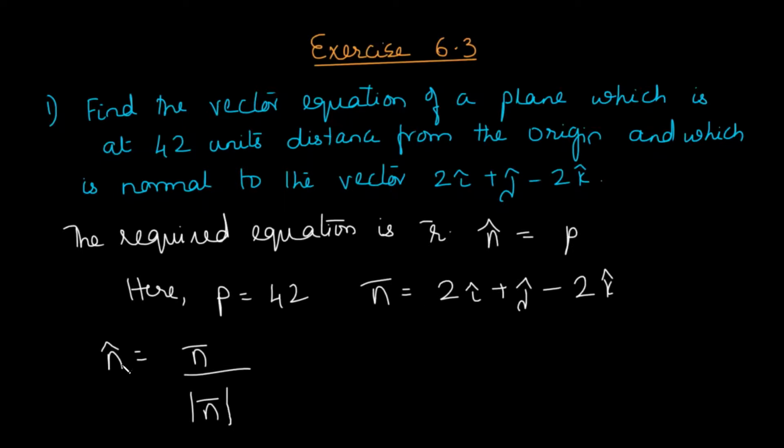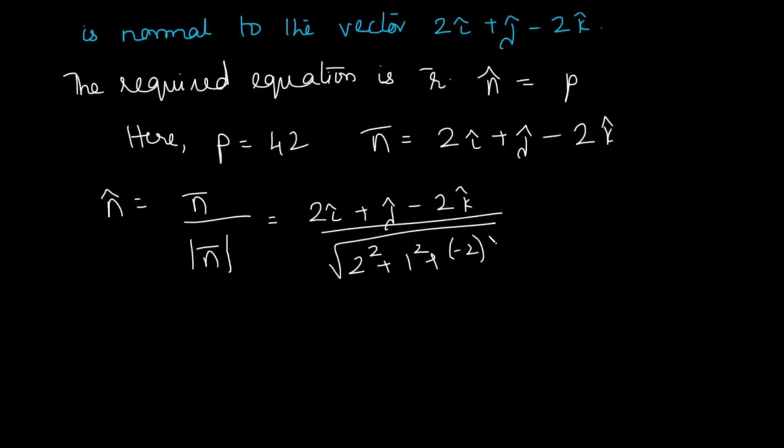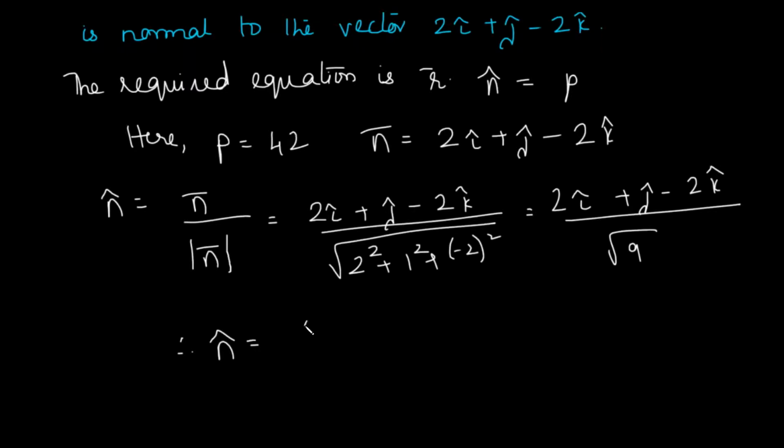Now from n bar we can find n cap by doing n bar upon mod n bar, which comes out to be 2i plus j minus 2k upon root of 2 square plus 1 square plus minus 2 square, which is the same thing, that is 2i plus j minus 2k upon root 9.